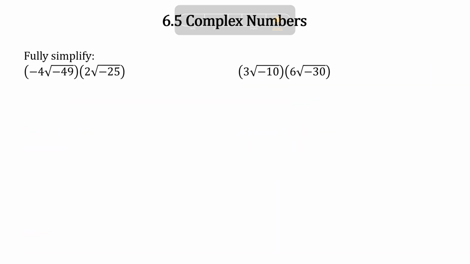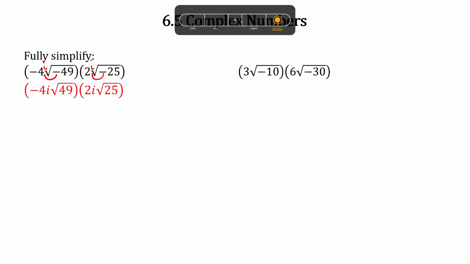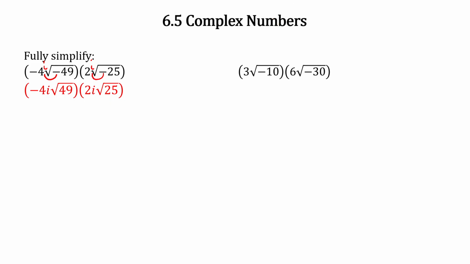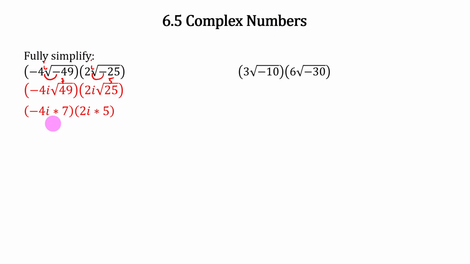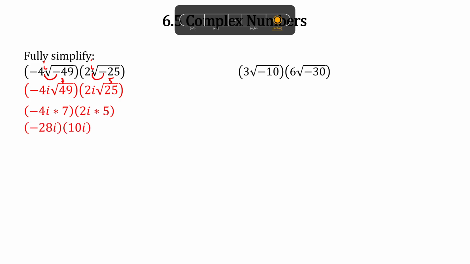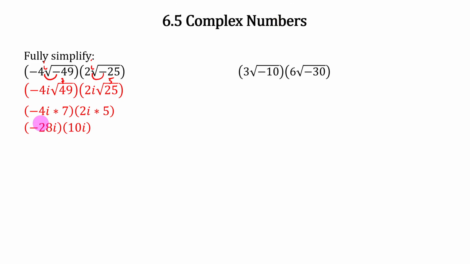Now we're going to multiply them. So first thing, we can't do anything until we take the negatives out. So you're going to do that. Well, this is 7, and this is 5. And we can just multiply the numbers. 7 times negative 4 is negative 28. 5 times 2 is 10. And now we're going to multiply this times this and this times this.